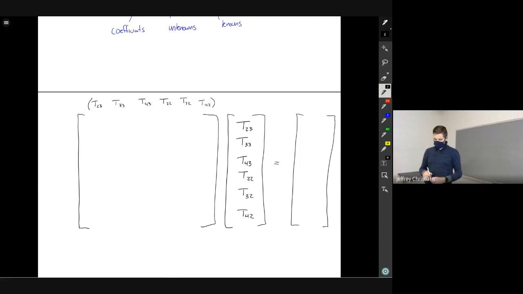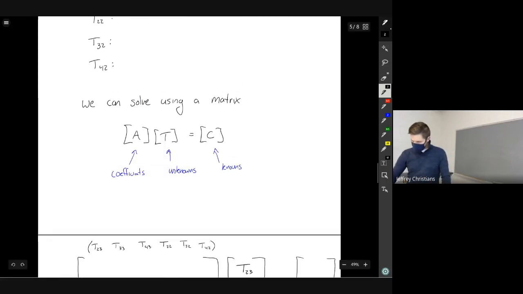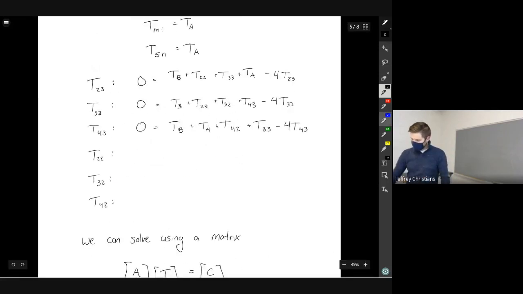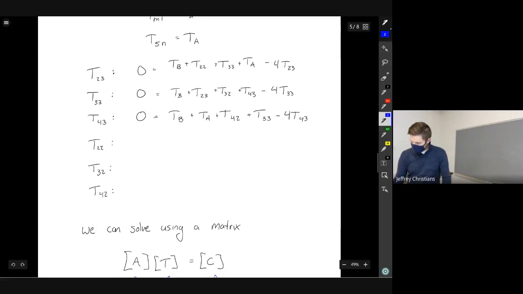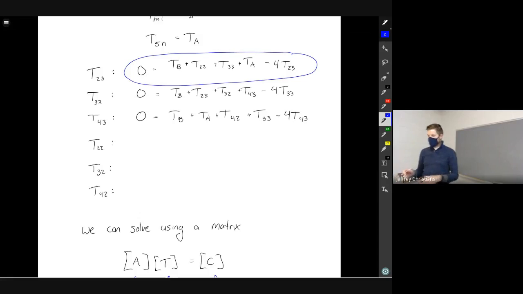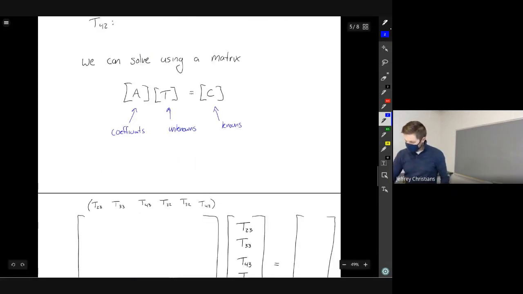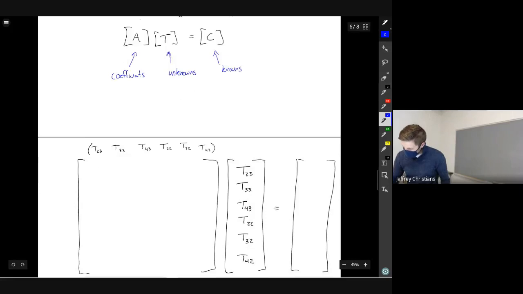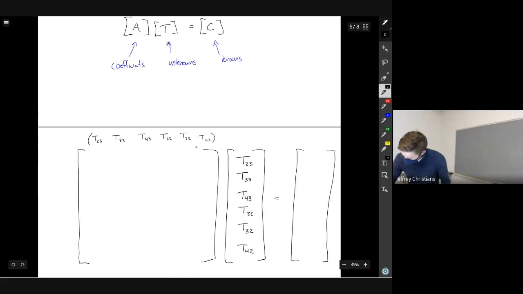So if we look at our first equation, we're translating this first equation down to the bottom. So we're going to put all of the knowns on one side and the unknowns on the other side. Our knowns will be TA plus TB.